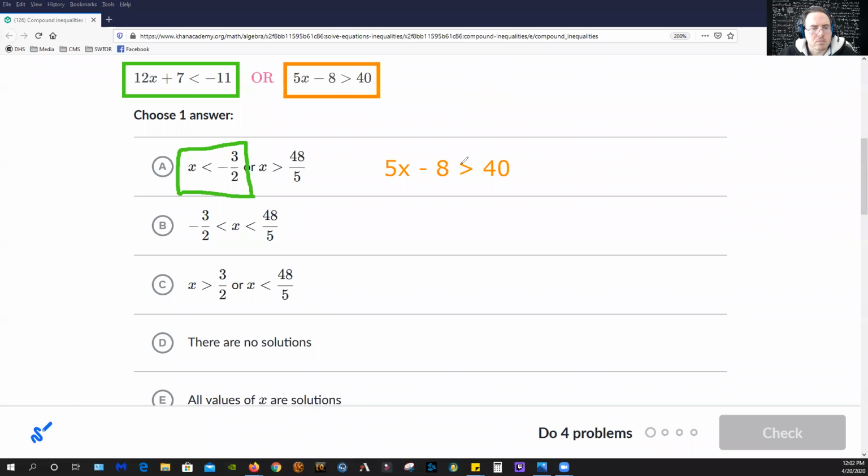I guess I would just add 8 to both sides and end up with 5x, that makes it 0, is greater than 48.